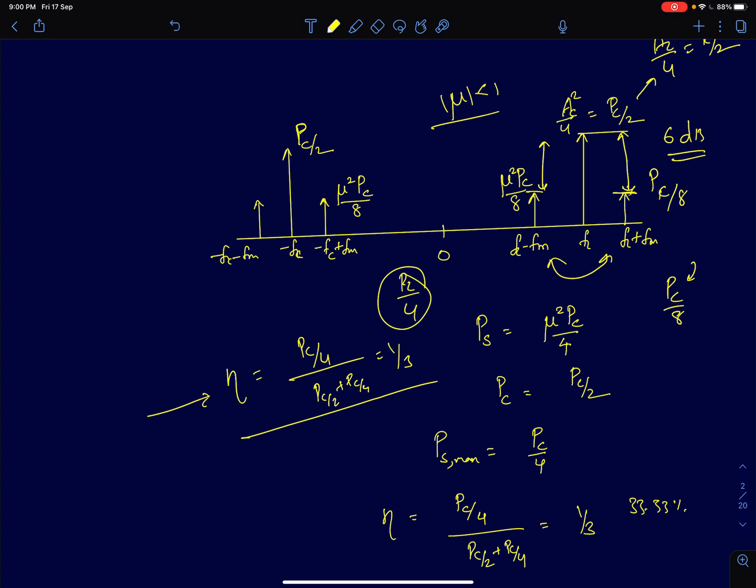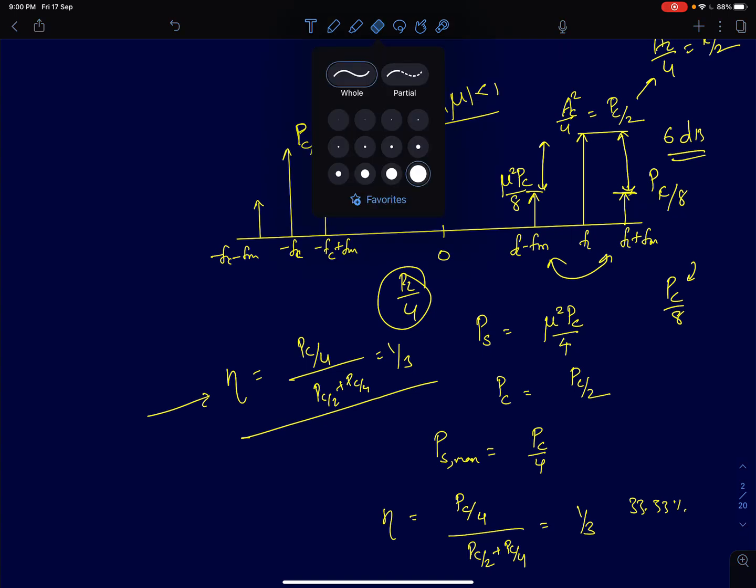So mind you, when we talk about transmitter efficiency, generally in today's times, when we talk about IC design, we talk about the total power delivered to the antenna, and compare it with the total power dissipated or drawn from some power supply source. So that's the efficiency we talk about. But here what I'm talking about is the transmission efficiency.